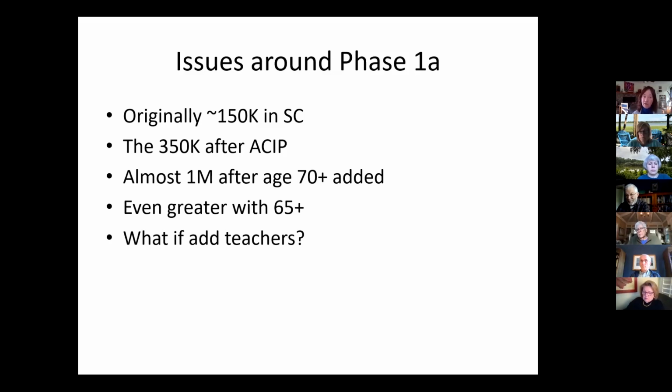There are also younger teachers with no medical problems who, if they got COVID-19, would probably have mild to moderate symptoms and not severe disease. And if they are in phase 1A, we will have phase 1A for a much longer time, and that will delay getting vaccine to people out in the community who have severe other medical conditions, but they're younger than age 65.